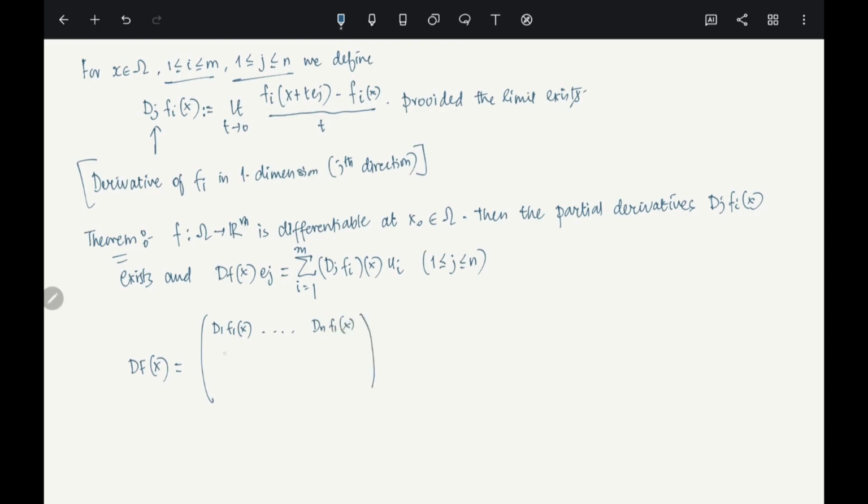So in the first row are all the derivatives of the first component, then the derivatives of the second component, and in the mth row you will have the derivatives of the mth component: d1 fm of x, up to dn fm of x. And you do realize that this matrix is an m cross n matrix. It has m rows and n columns.